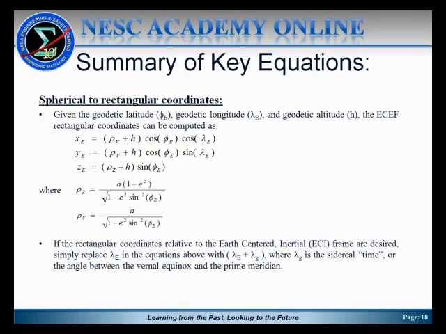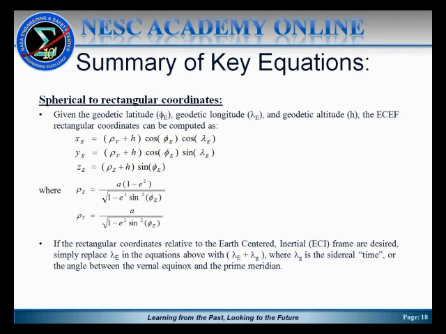The next few slides will summarize some of the key equations that were presented and used in both part 1 and part 2 of this presentation. Shown on this slide are the equations for converting spherical geodetic coordinates to rectangular coordinates.